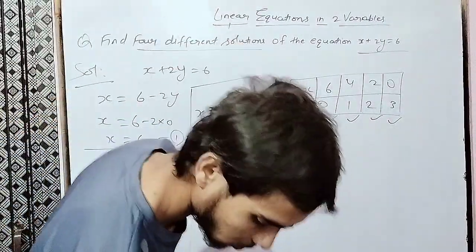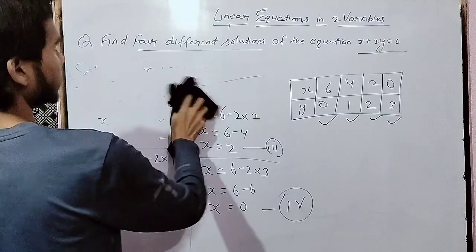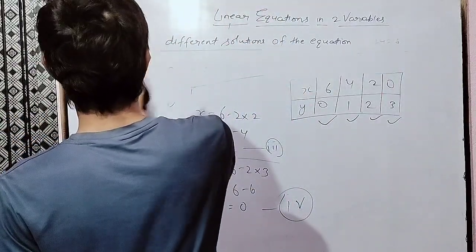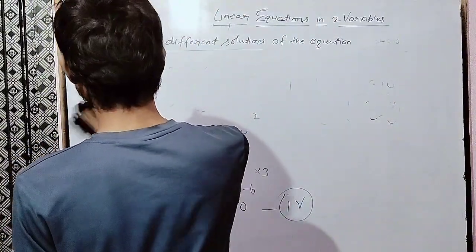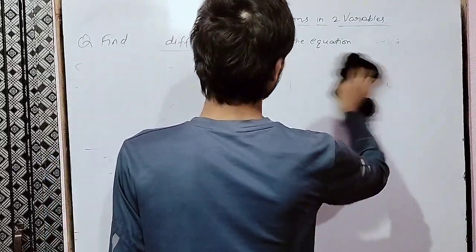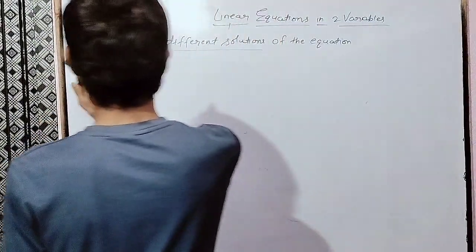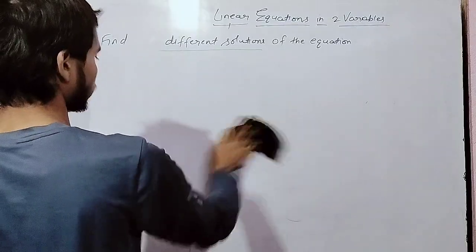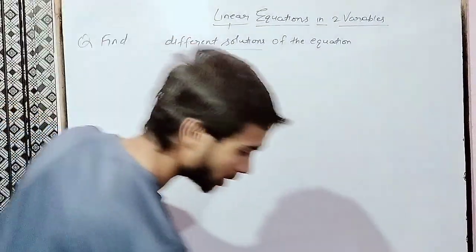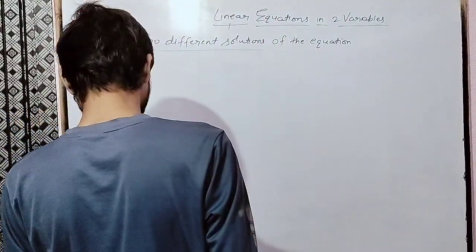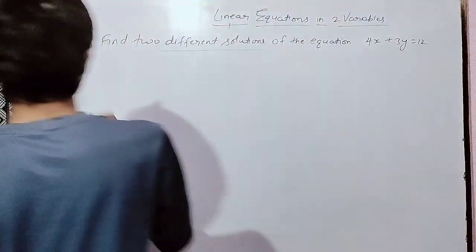Now, one more question. We are going to find two different solutions of a linear equation, and the equation is 4x plus 3y equals 12.